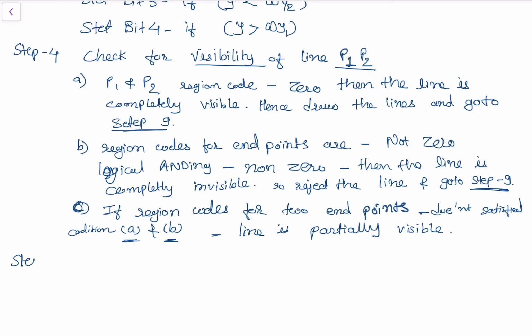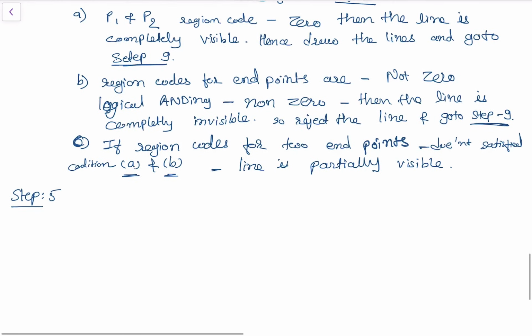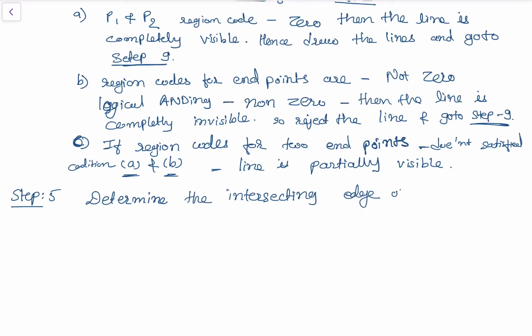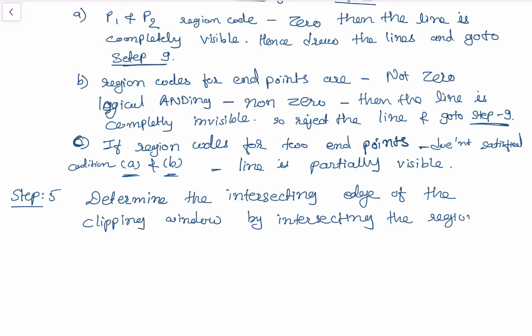Now step number 5: determine the intersecting edge of the clipping window by inspecting the region codes of two endpoints.